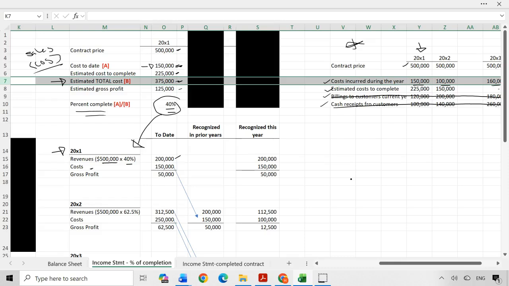My actual cost that I've incurred in the current year is $150,000. The problem tells me that. And so my gross profit for year one is $50,000. Okay, I'm going to ignore this part of it for year one because this whole section doesn't really apply. Let's go through and see how we're going to record these entries.